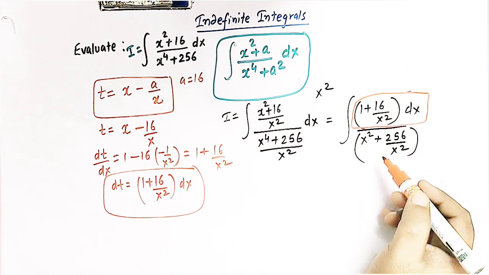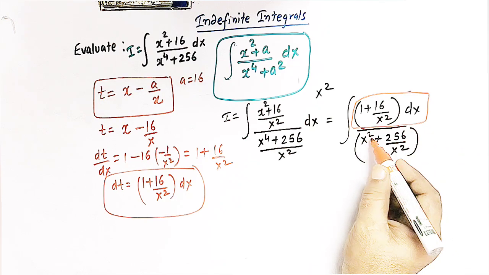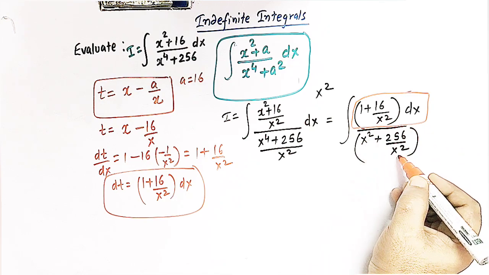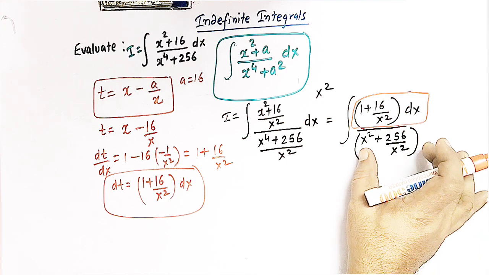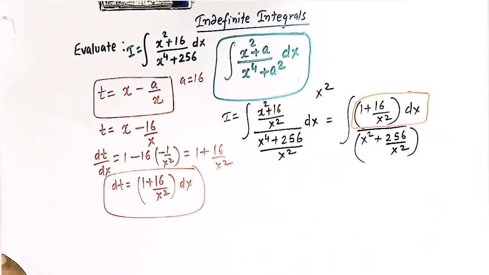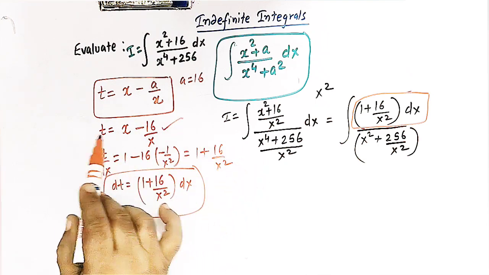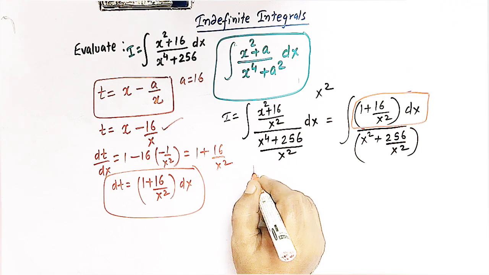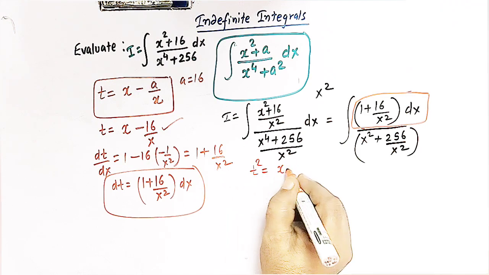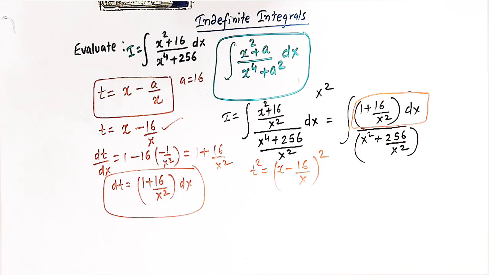Now let us take care of this denominator, and in the denominator we have x square plus 256 over x square, and now our aim is to express this quantity in terms of t. So we'll make use of this equation, and we can take the square of both the sides. So we can now write t square is equal to x minus 16 over x, whole square.